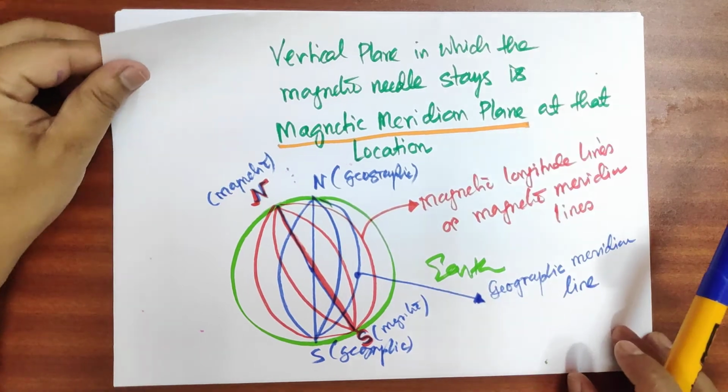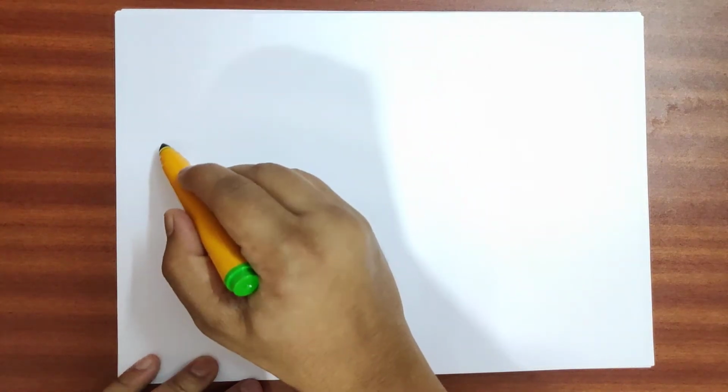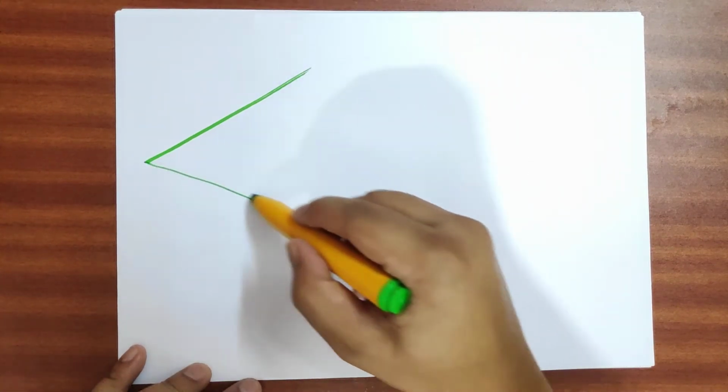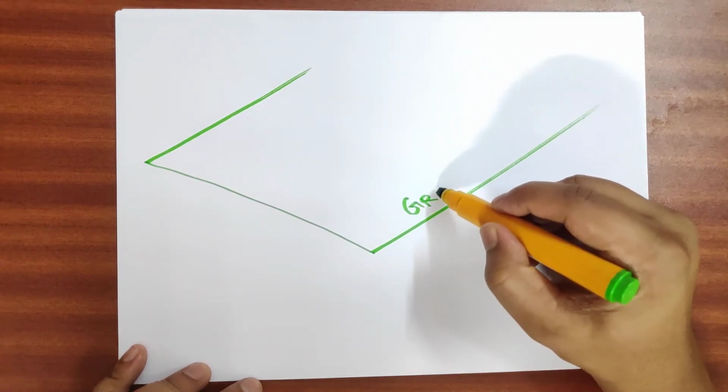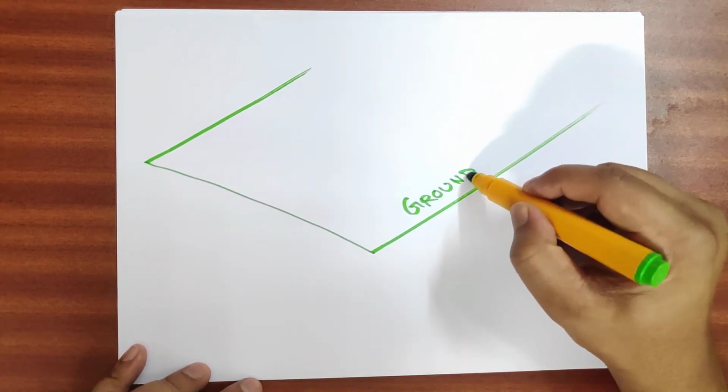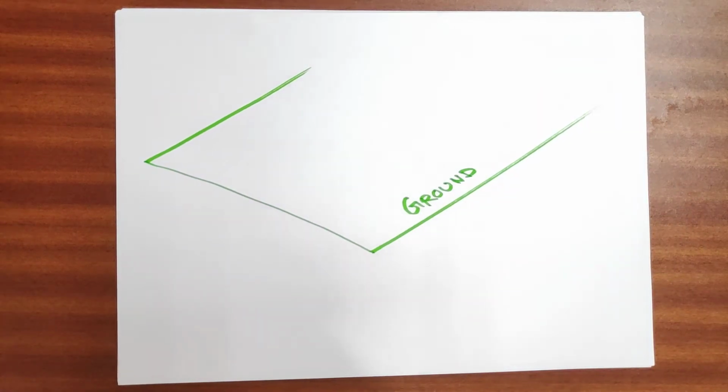Now suppose a person is standing on earth at a certain location. This is the ground, horizontal.